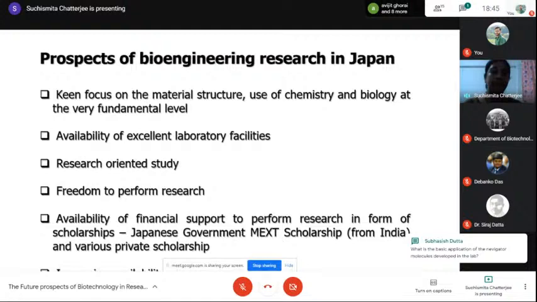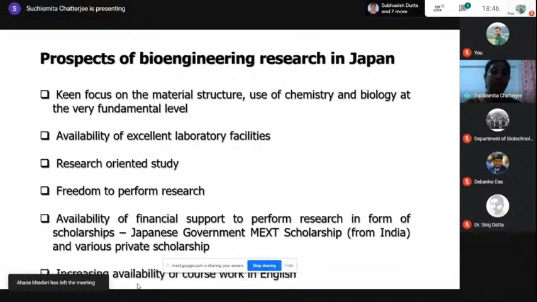It is also a very research-oriented study, you don't need to study coursework, the main focus is research here. And you also get the freedom to perform your research. Now my research is my own research, and I can select my research area, so there's complete freedom here.